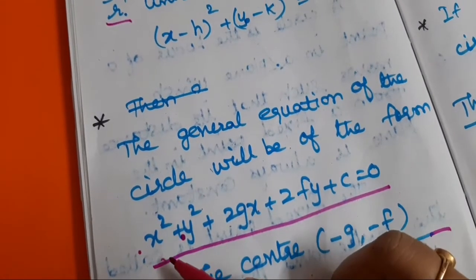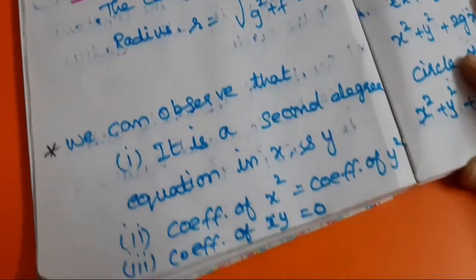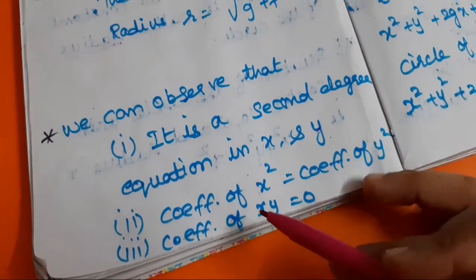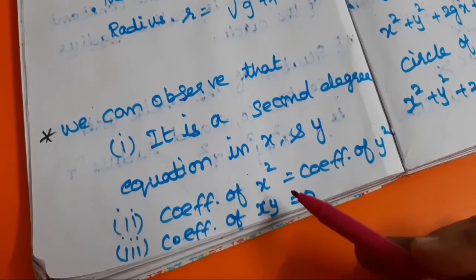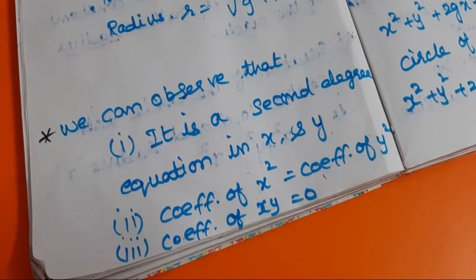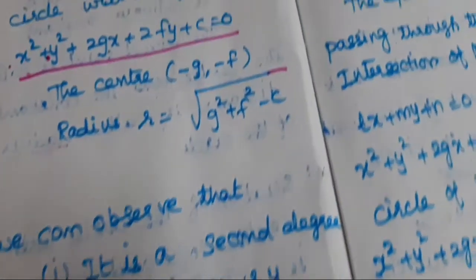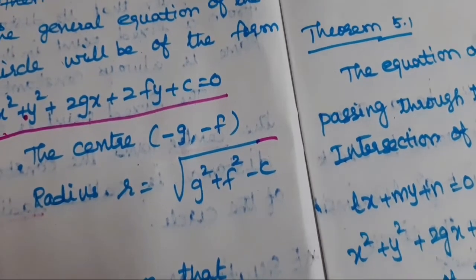The general equation of the circle is a second degree equation in x and y, and as I told you already, the coefficient of x square will be equal to the coefficient of y square and the coefficient of xy is equal to 0. So this is the general form of the circle.